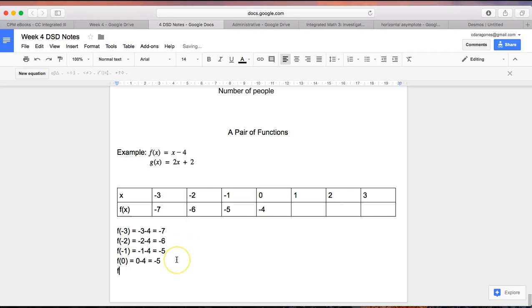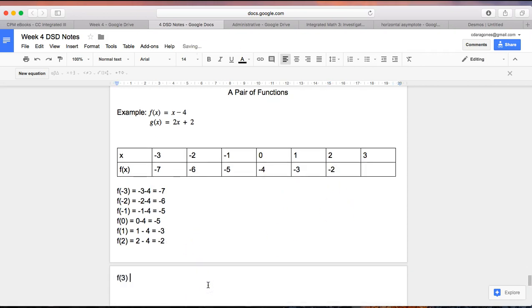And then f of 1 equals 1 minus 4, which is negative 3. F of 2 is equal to 2 minus 4, which is negative 2. And f of 3 is 3 minus 4, which is negative 1.